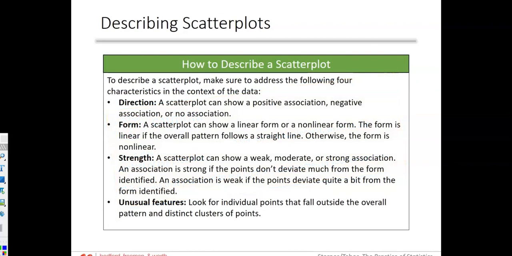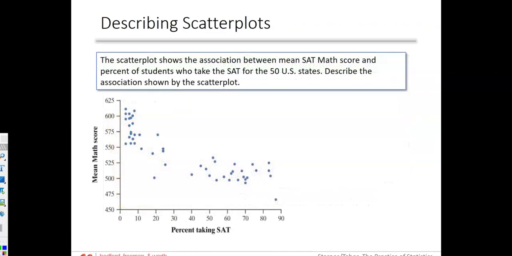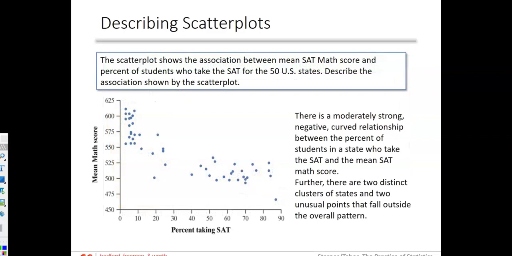If you look back at the other stuff, we talked about direction, strength, and unusual features here. So we talked about it's negative. I don't know if we mentioned that, but the direction is negative. And then finally, does it have any unusual points?